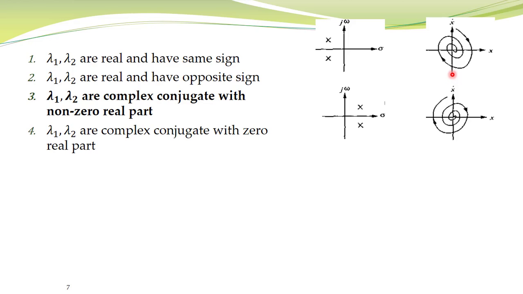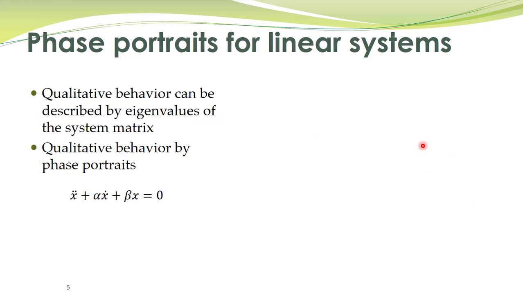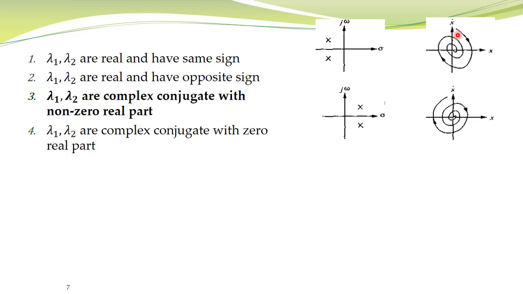What is this? This is a plot between x1 and x2, that is between x and x dot. So x1 and x2 are both plotted over here, and if we plot x1 versus x2, this will be the shape of the graph.